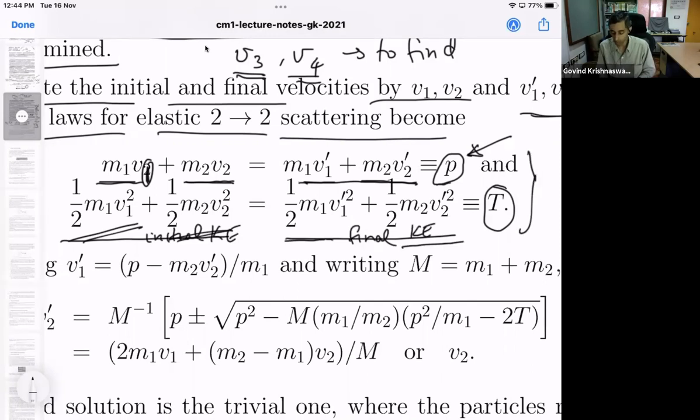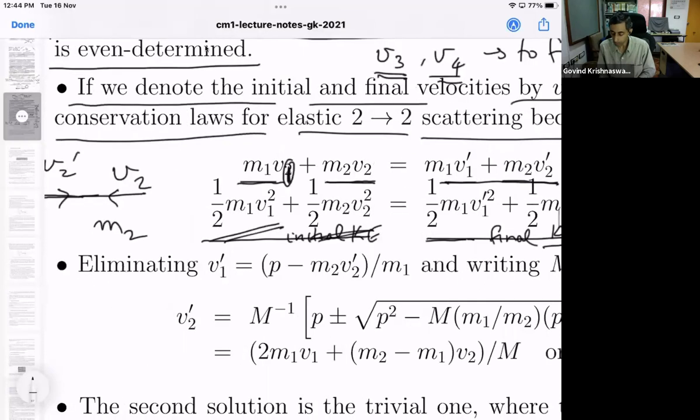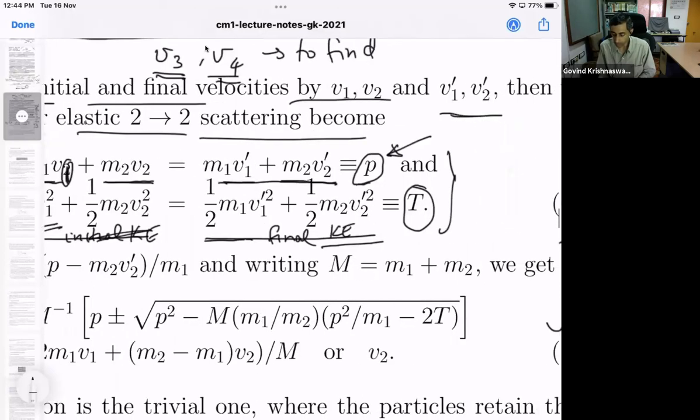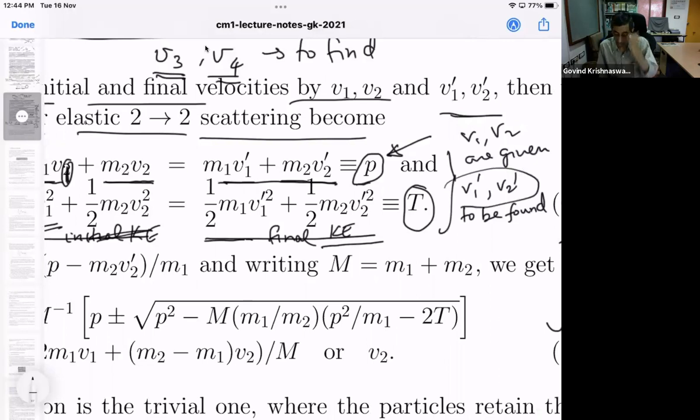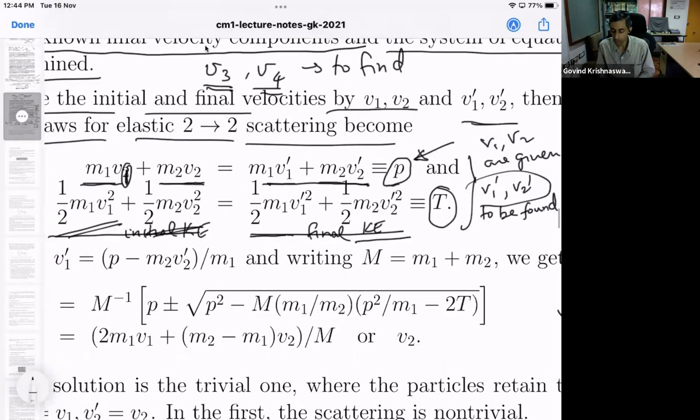We have just two equations, and what we have in mind is that v1 and v2 are given, and v1 prime, v2 prime are to be found. So we have two unknowns and two equations, and one can ask, can you solve this system of two equations?